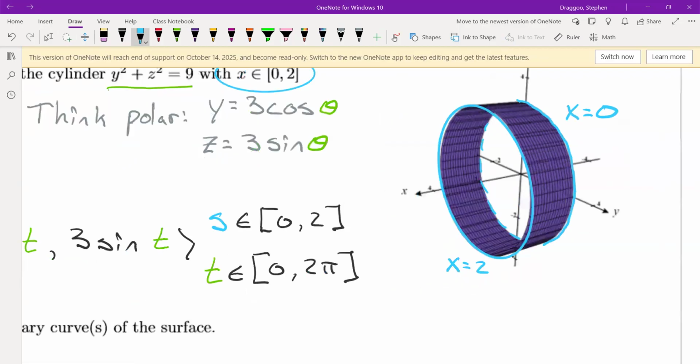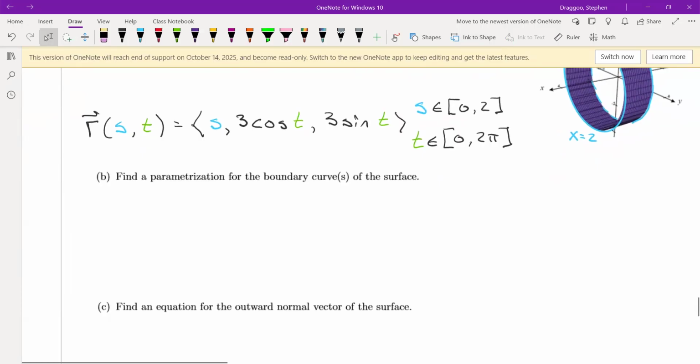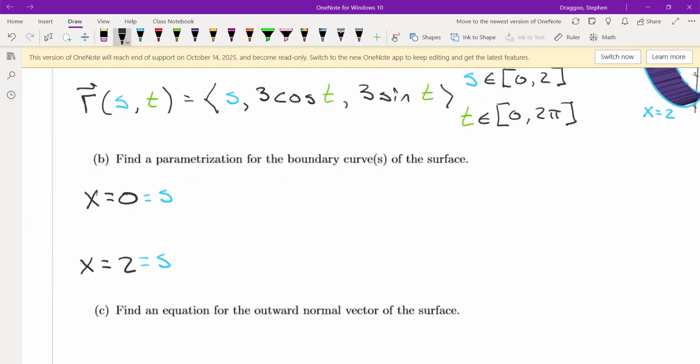So when I go to create my parameterizations for boundary curves, again, I think I've got two of them. One is at x equals 0, and one is at x equals 2. And both of these I'm going to set equal to the s parameter, because that's what x was. So for my first boundary curve, R1 of just t, it's a curve, so I should only be using one parameter.